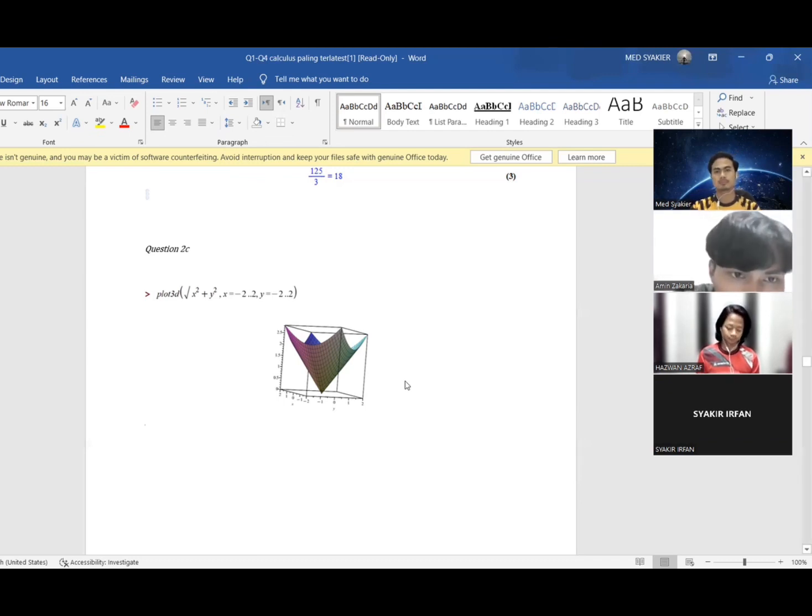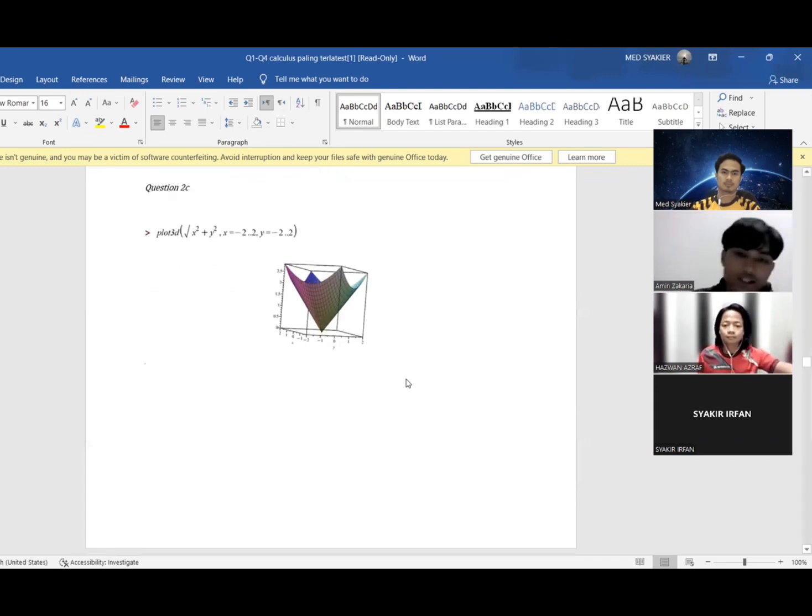Yes, because in manual calculation, we have to find the limit of x and y. So in this question, we will get the 3D graph, but only for this equation.